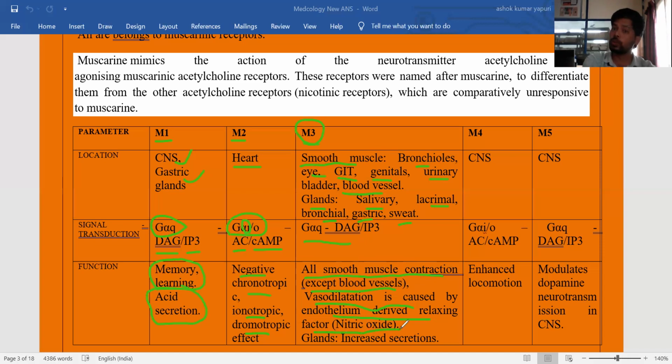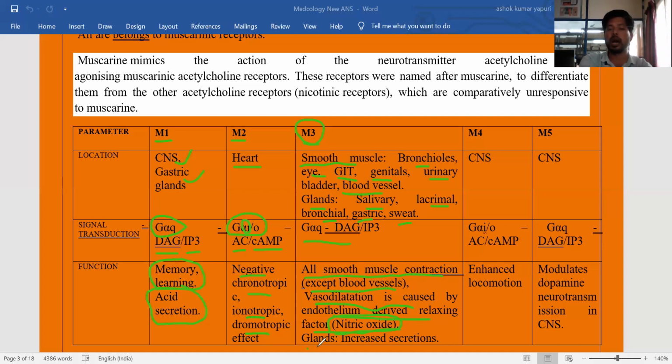When acetylcholine interacts with the blood vessel M3 receptor, there is a release of nitric oxide, which is a potent vasodilator in the body. It is also called endothelium derived relaxing factor. This is the function of M3 acetylcholine on smooth muscle.